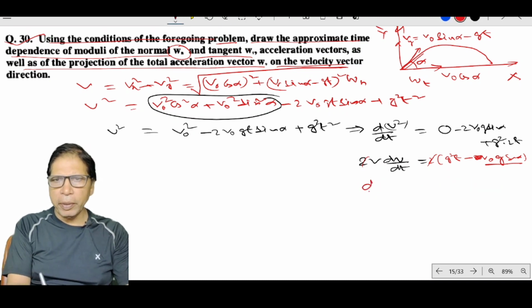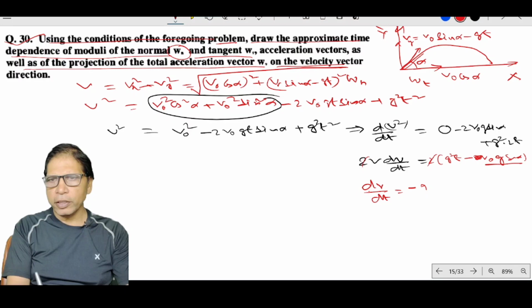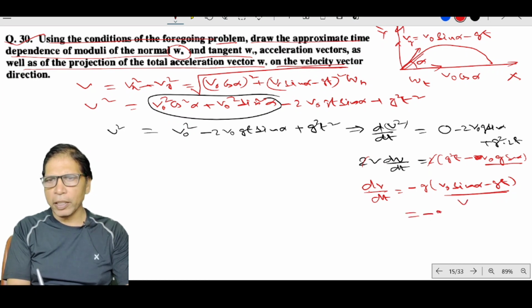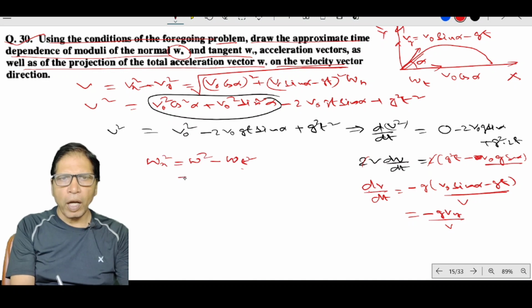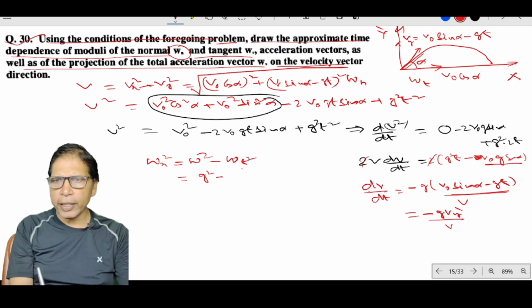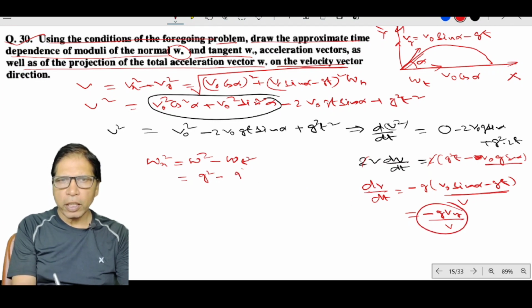Now dv by dt equals negative g, and here v naught sin alpha minus gt is the vertical component of velocity, divided by v. So minus g into vy by v is the tangential acceleration of the particle. Now normal acceleration equals the square root of g square minus tangential acceleration square, which is g square vy square by v square.